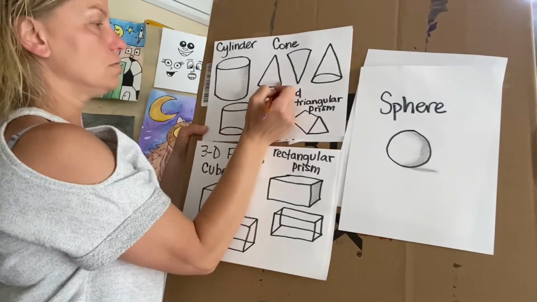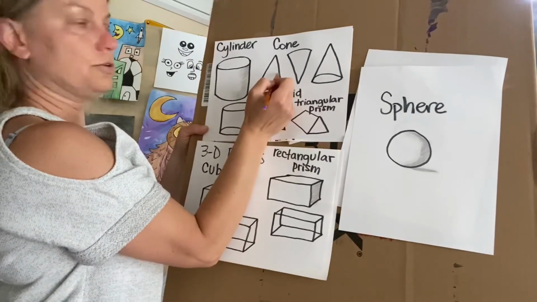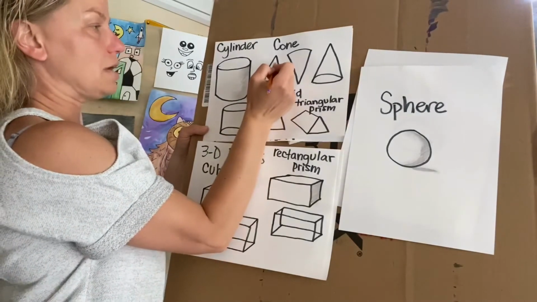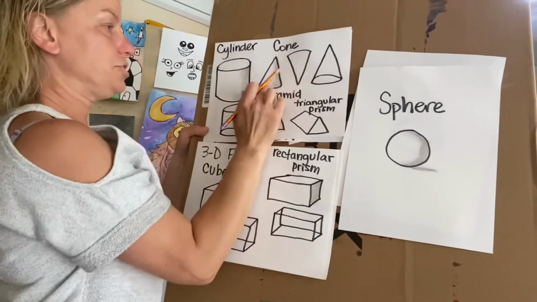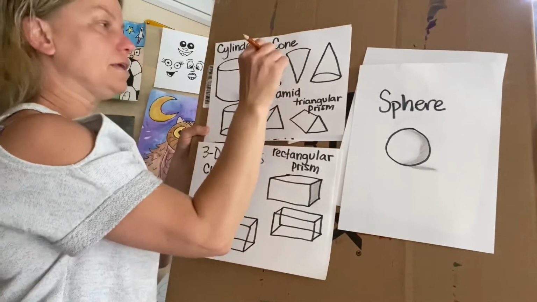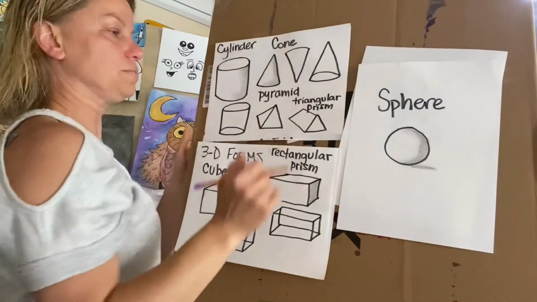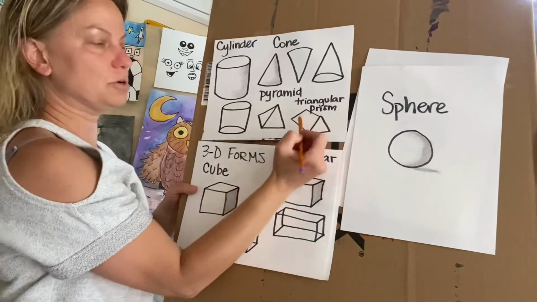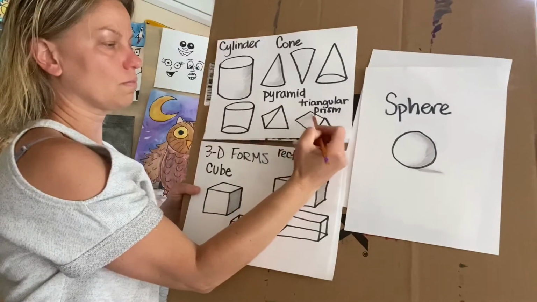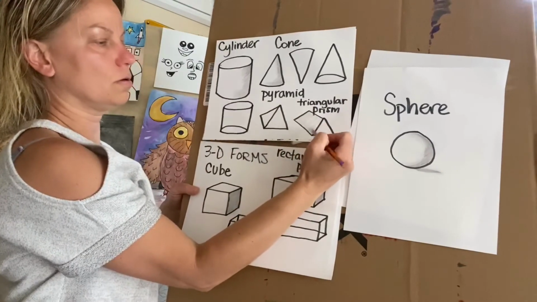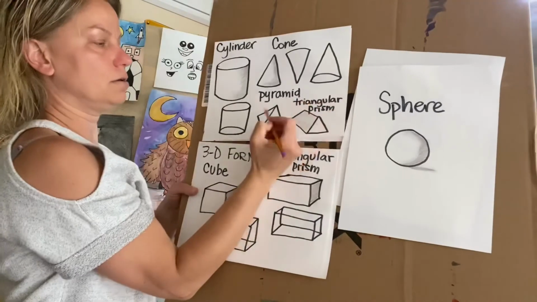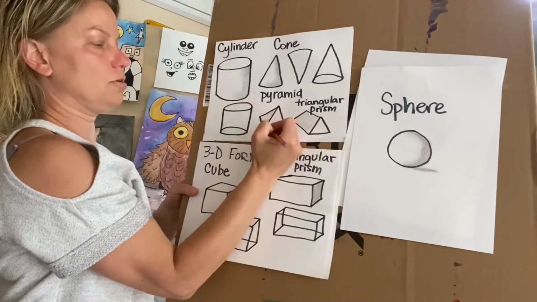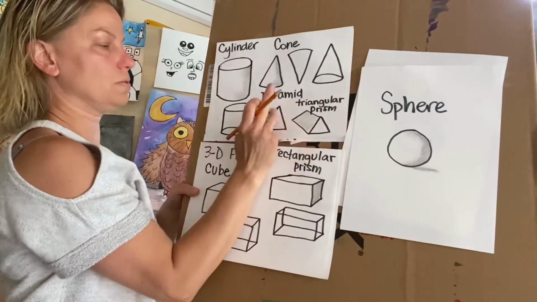Same thing with the cone, kind of curved. You just pick one side, either right side or left side, where your shadow would be. And like I said, the other side would be called the highlight, which is where your light source is. Same thing with the triangular prism. You would shade one side. With the pyramid, you would shade one side.